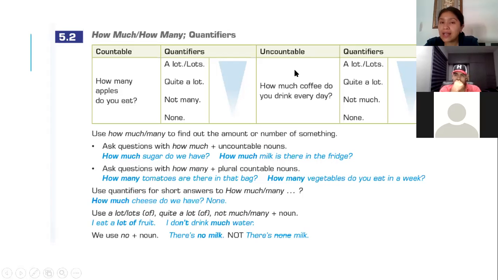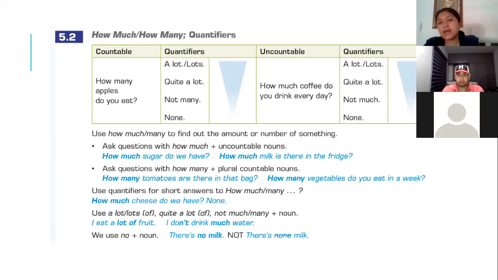So if you're gonna ask something related to coffee, for example, and you know that you can't count coffee, then your question is going to be with how much, even though the answer is gonna be maybe related to the cups of coffee. So if you want to ask with many, talking about the same context, you can ask, how many cups of coffee do you drink?